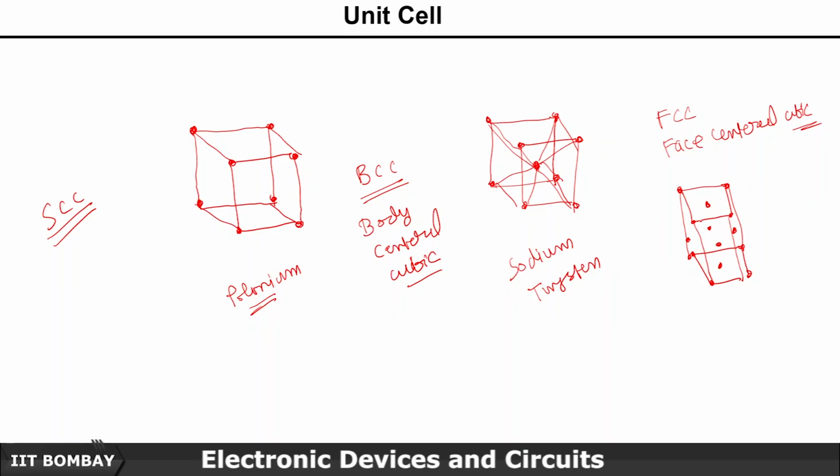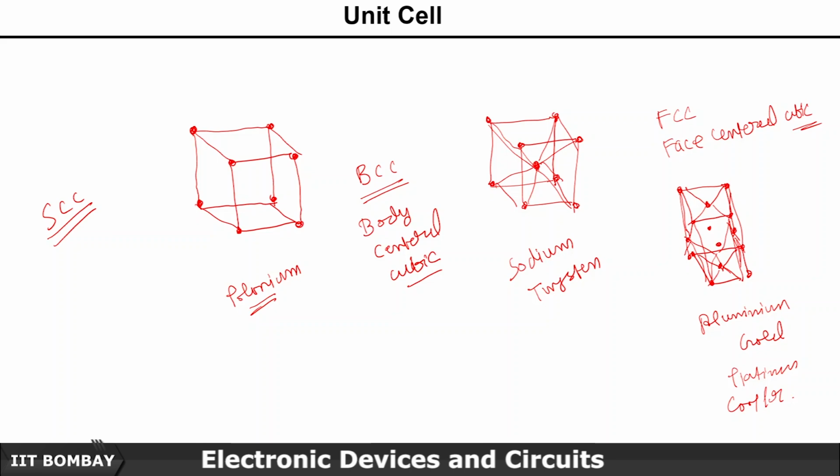For example, this one is connected to these corner atoms, and similarly for the others. So that is FCC, and the elements which follow the FCC cubic structure are aluminum, gold, platinum, and also copper.